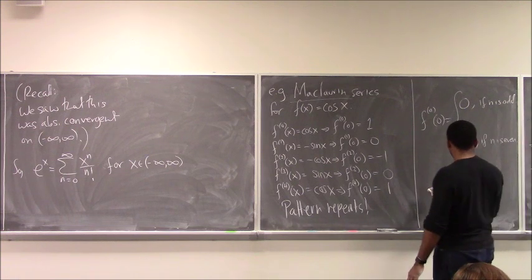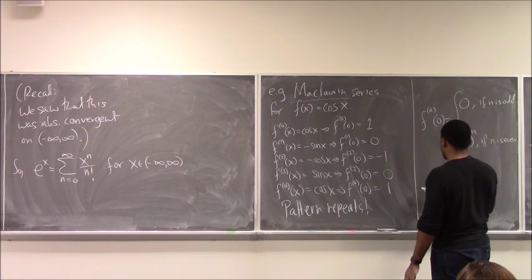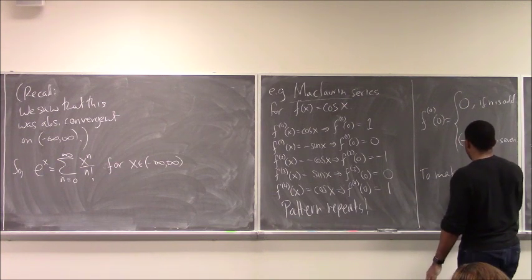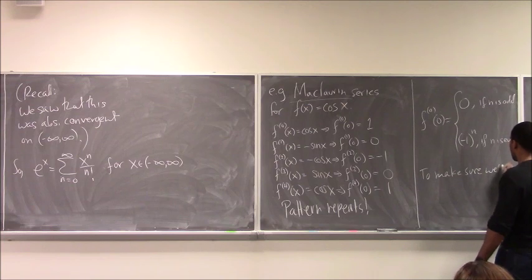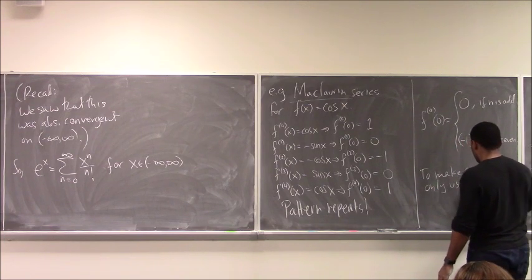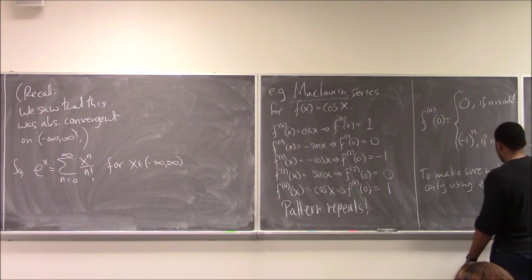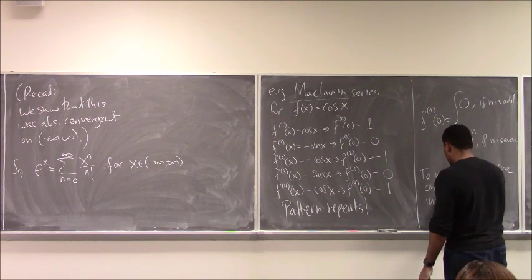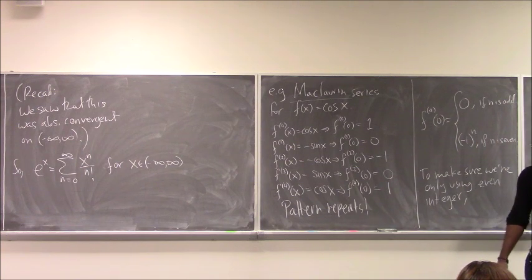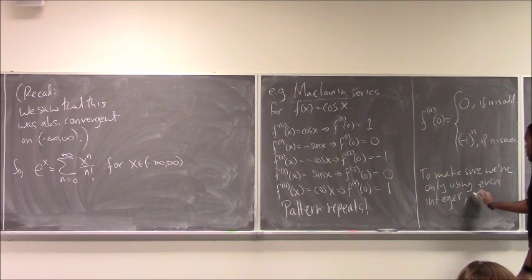So basically, here what we're going to do is make sure we're only using even integers. How do you know that an integer is even? What's the definition? What makes an integer even? What's its form? 2n.